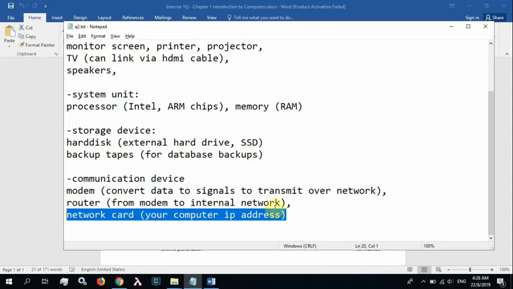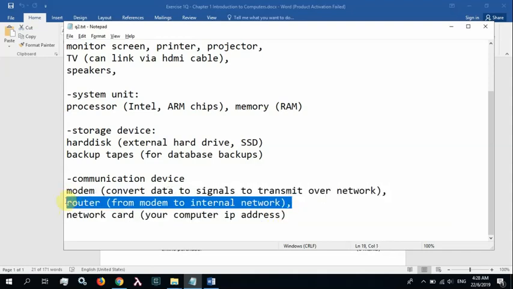Okay, your IP address, and the router, imagine this as a local postman. Okay, so it will identify your computing device via the network card, okay, via your IP address, and it will send all the packages meant for this IP address.